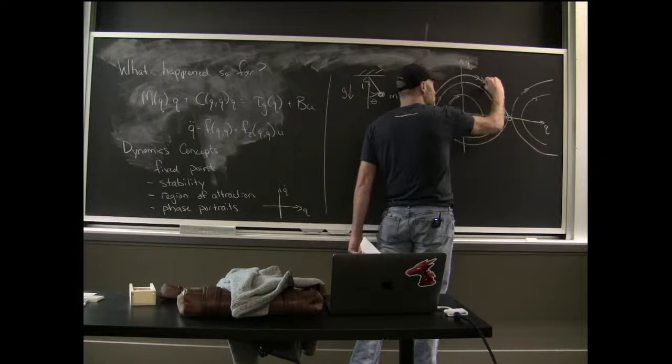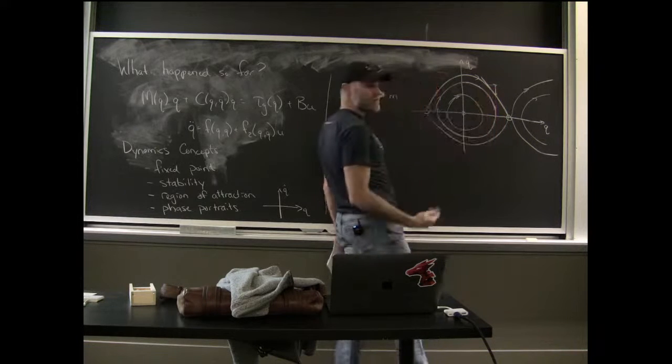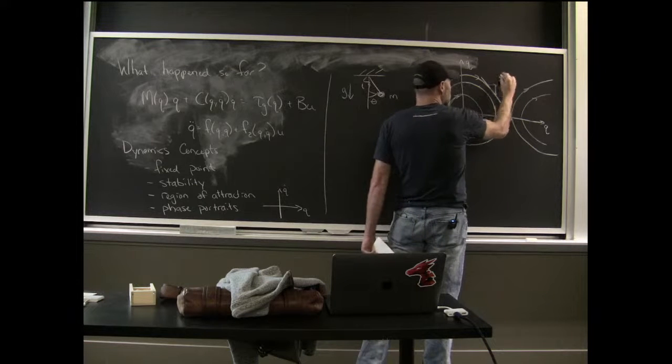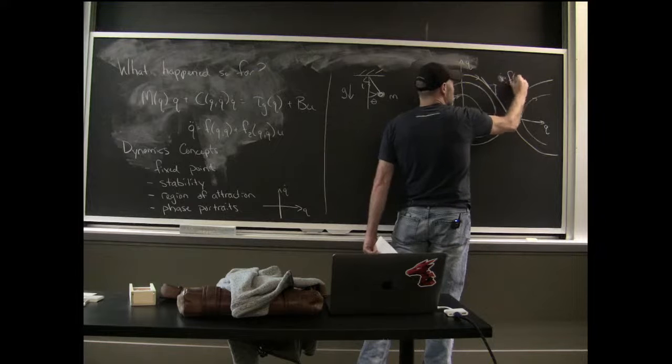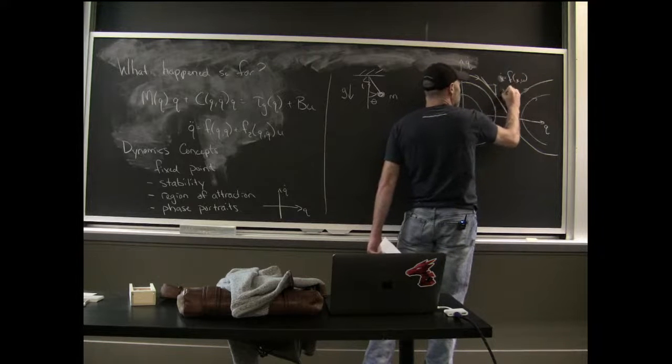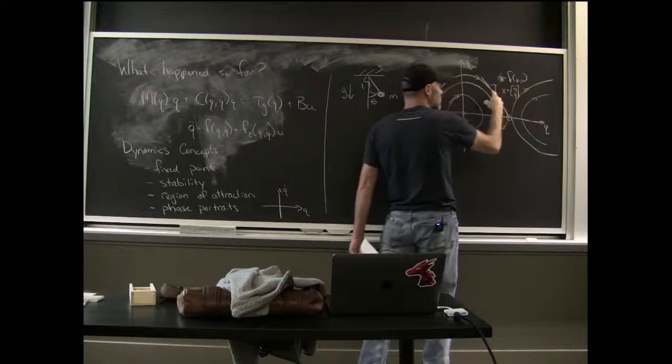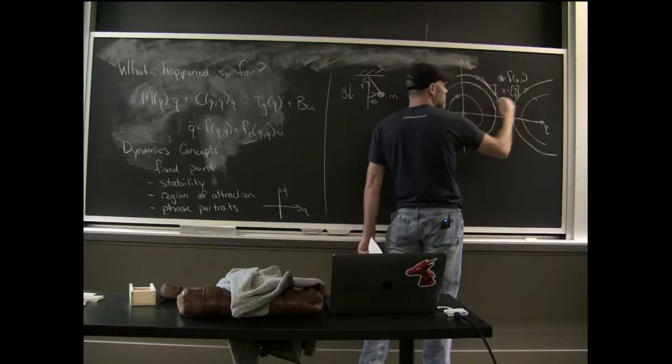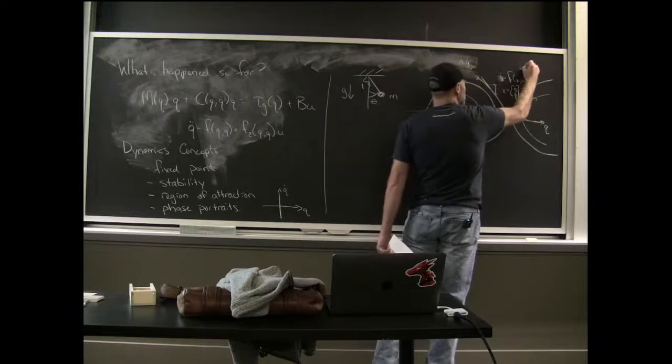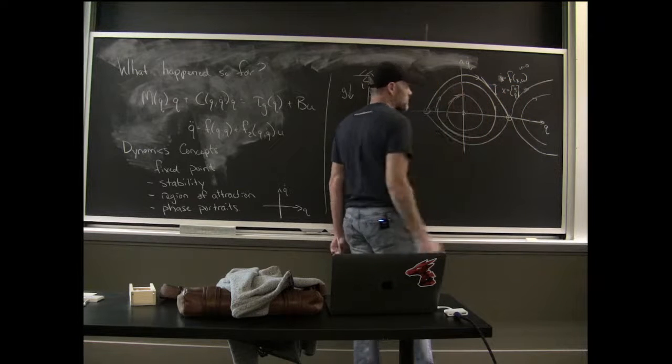The slope of that line is the vector field, which is x dot. And since x is q and q dot, it has two components, right? So this is the derivatives. When we set u equal to 0, it's really just this.